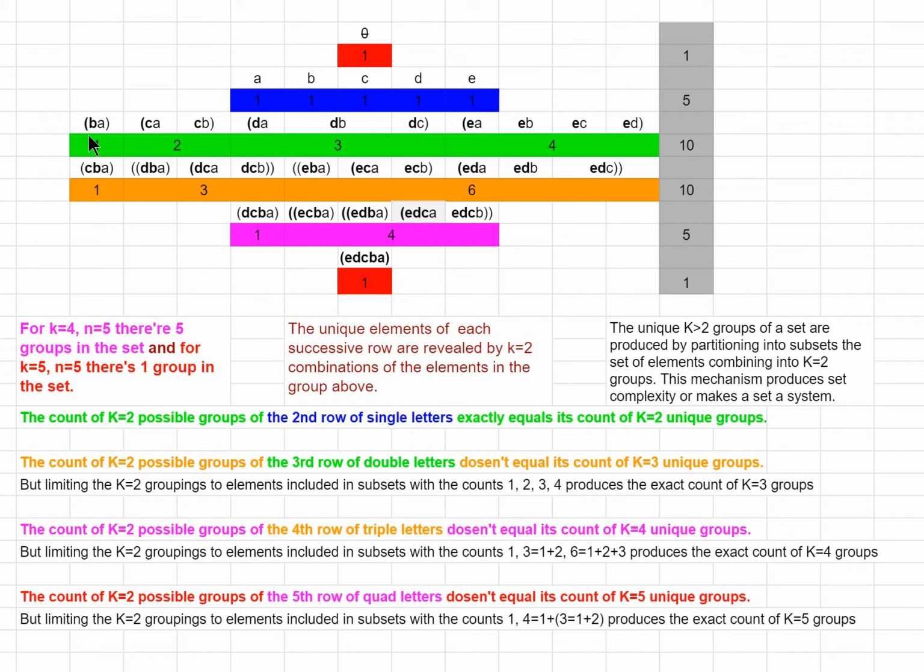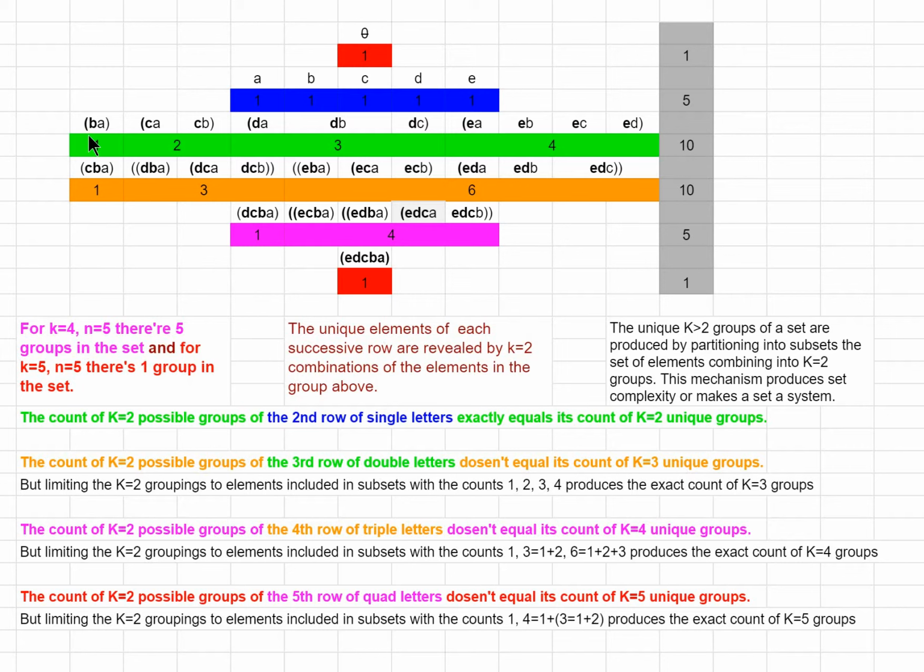Now we can look at our groups beginning with E, and we'll see that the EB combined with the EA will give me the one group EBA. The EC will give me 2 groups, EC combined with EA to give me ECA, and the EC combined with EB to give me ECB.